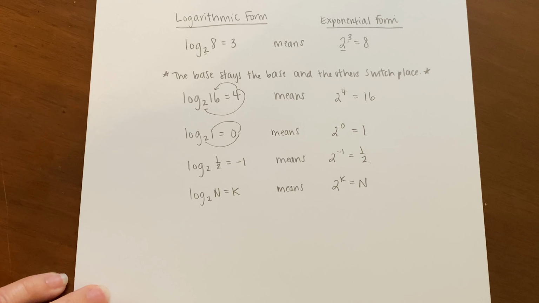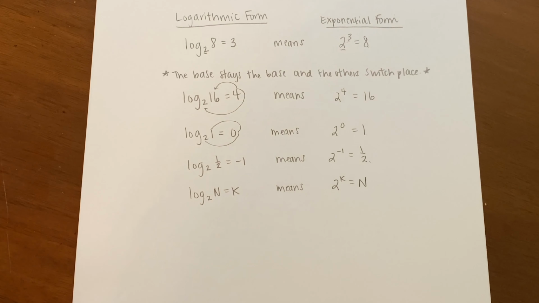So the base can be any positive number except 1, because every power of 1 is 1. So we don't use base 1, but we can use any other positive number. One that we're going to talk about later is the common log, which is base 10, and you've probably heard that our number system is a base 10 number system, so that's why that one's called the common log.